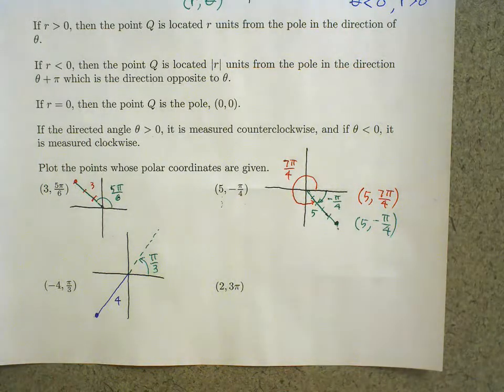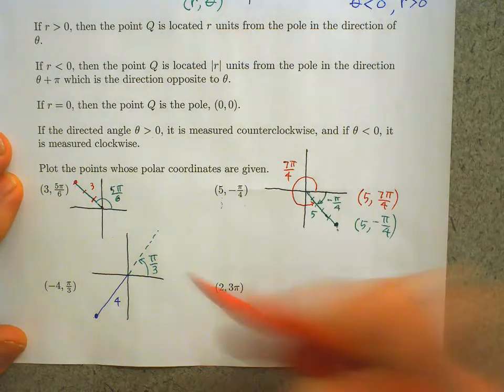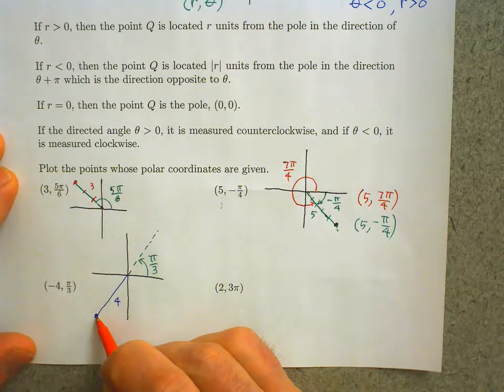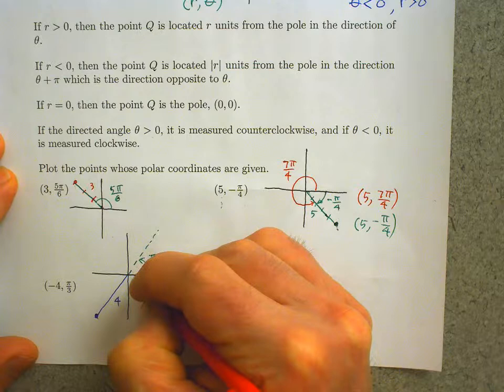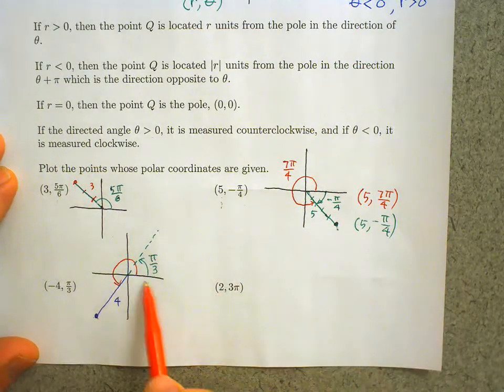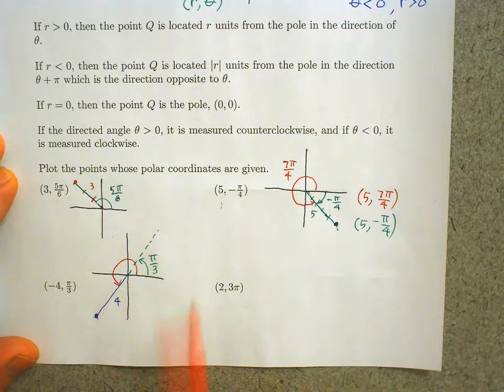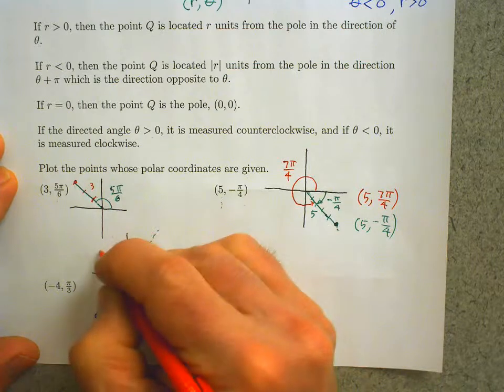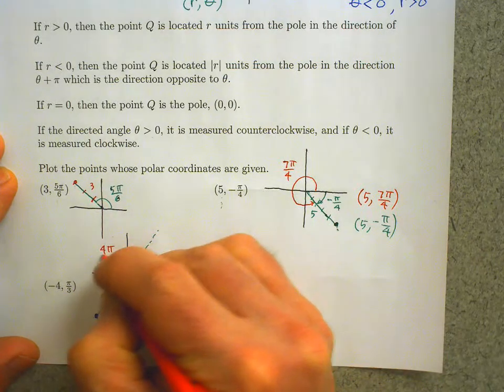Okay, if you don't like negative r values, you don't have to have them. For this same point that's in the third quadrant, we can measure this angle. So this angle is pi plus pi over 3, or 4 pi over 3.